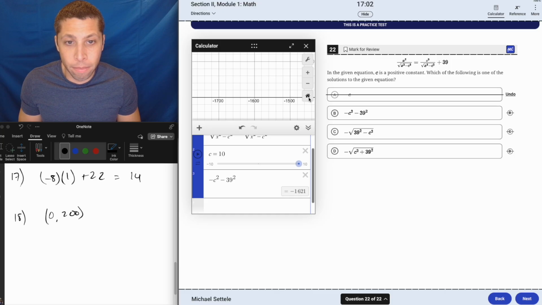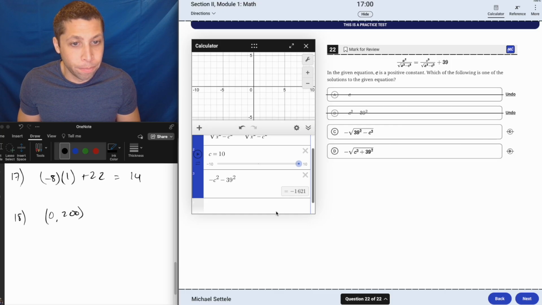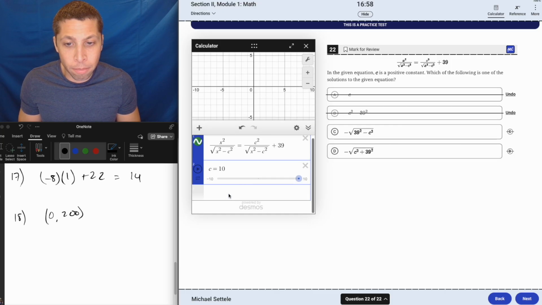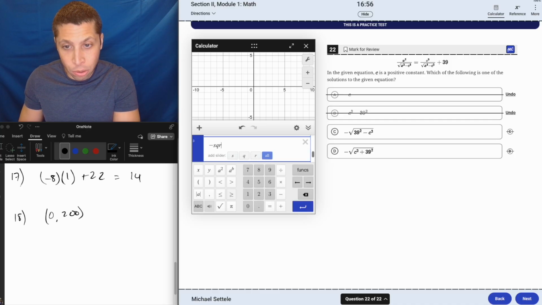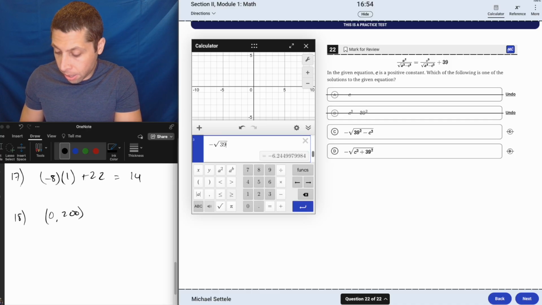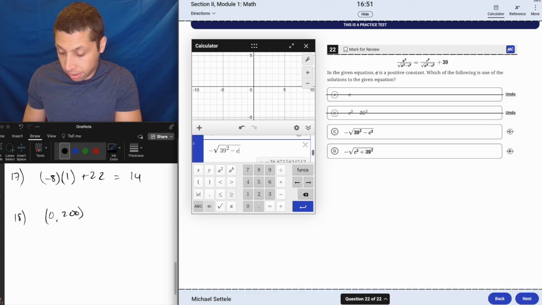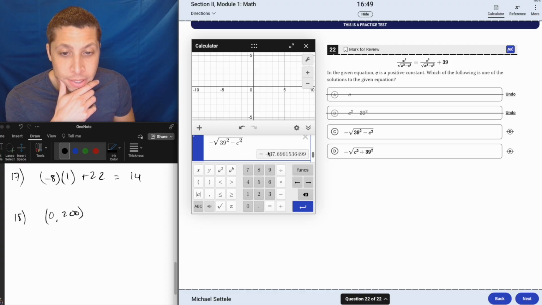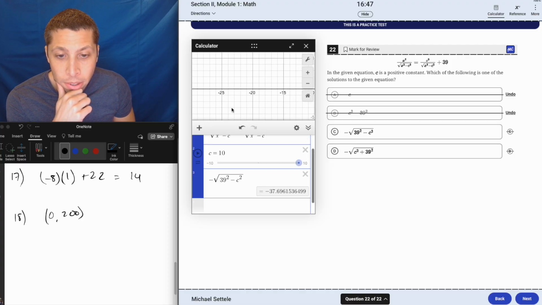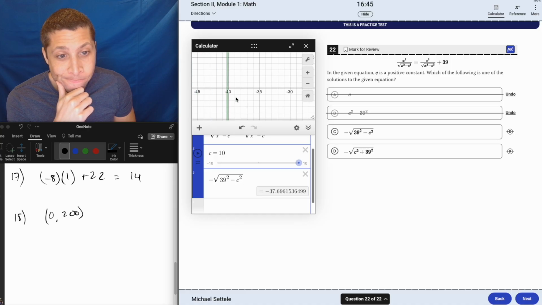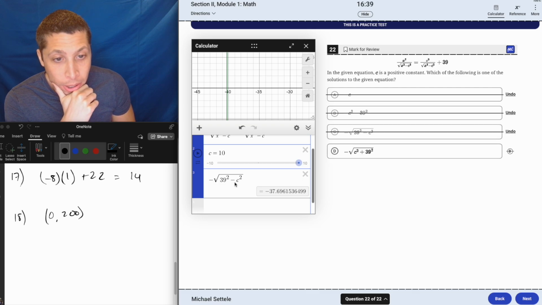Nothing. So that's not good. Choice C is negative square root of 39 squared minus C squared. That is negative 37. Doesn't look right, right? That's negative 40 something. So that looks wrong.